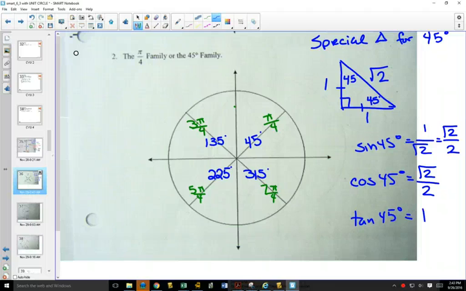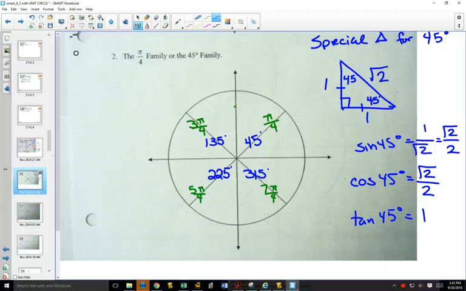So because we can make that triangle, an isosceles triangle, we can figure out those values just by arbitrarily choosing values for the sides. And if you would have chosen 3 and 3 and gotten square root of 18 for the hypotenuse and simplified, you will get the identical answer to all of those.